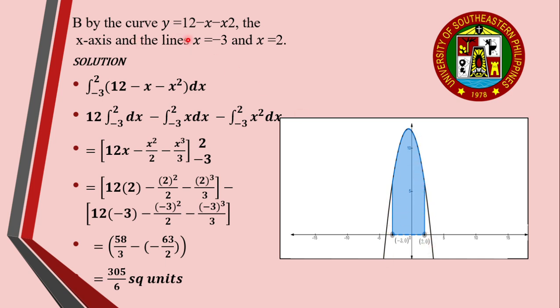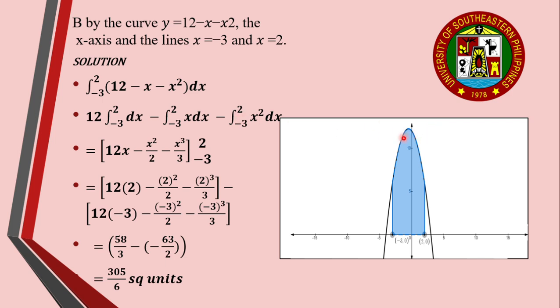As you can see here, the function is in quadratic form, no? When we say it is in quadratic form, the result of our graph would be in a parabolic form. It is a parabola.